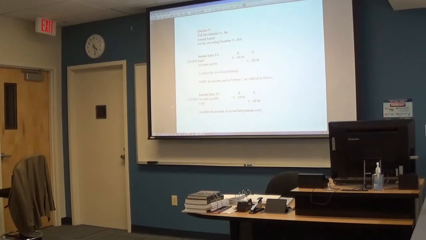Yes, ma'am. I understand that in the journal entry you capitalize the cost that you pay for the land planning. But I think if I use land planning as an account, because if not, the reader cannot understand.